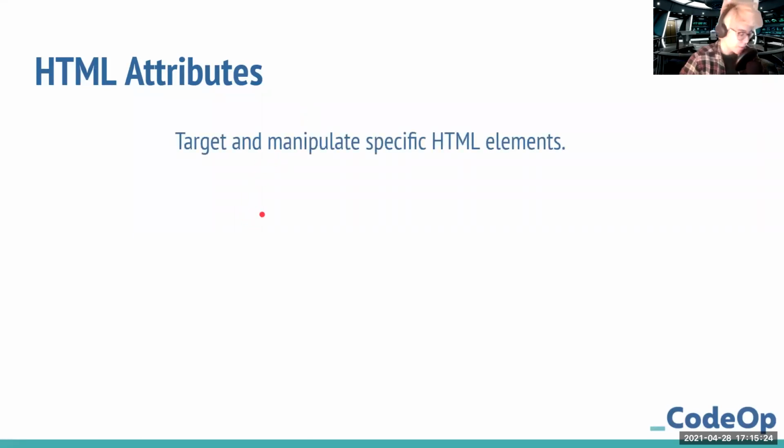All right, so now that we know the HTML structure, let's talk about HTML attributes. And this is a very interesting feature of HTML. So with attributes, you can target and you can manipulate specific HTML elements. So let me show you an example.